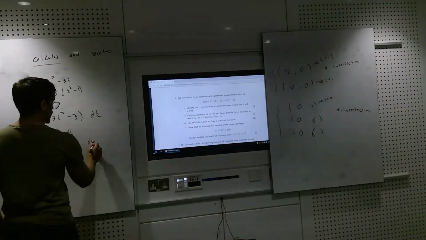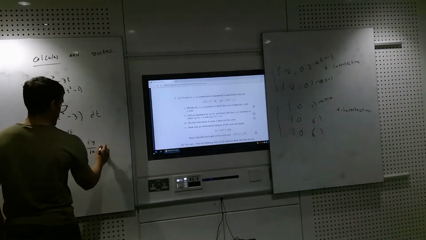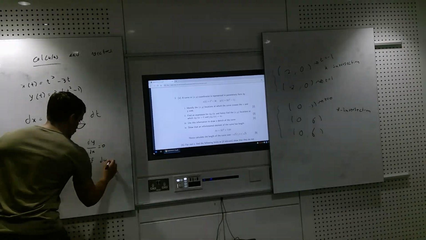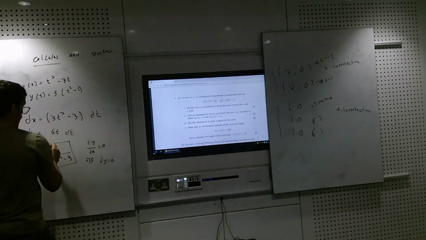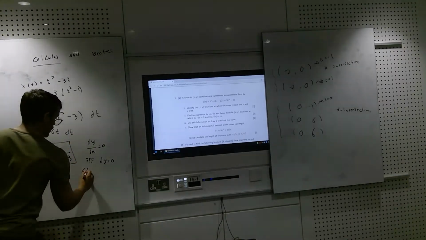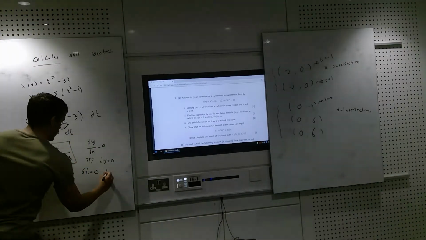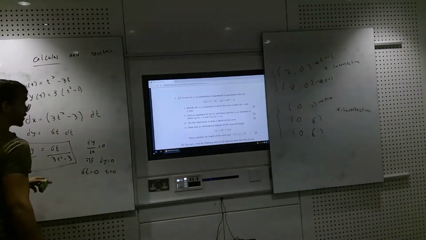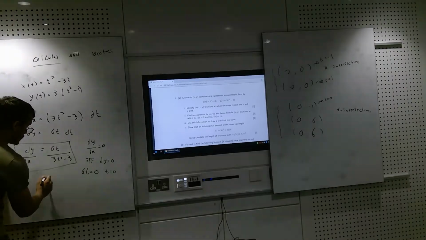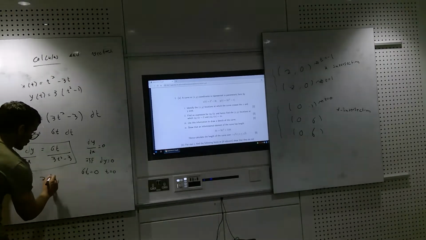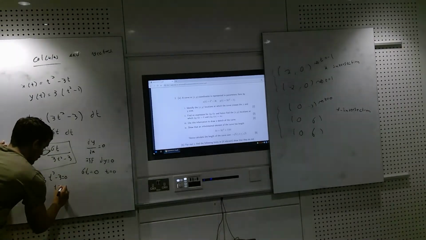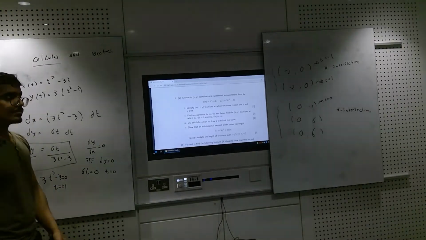So dy/dx is 0 if and only if dy/dt is 0, which is 6t, so 6t equals 0, thus t is equal to 0. For the magnitude to be infinity, we put 3t squared minus 3 equal to 0, and we find that t is equal to plus or minus 1.